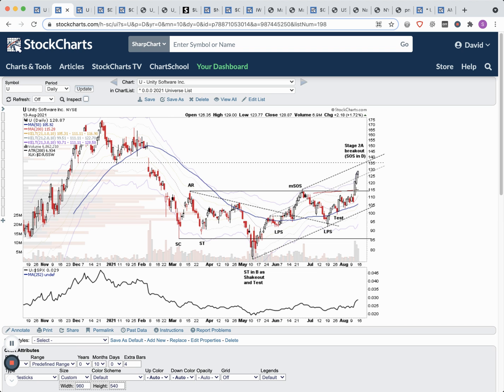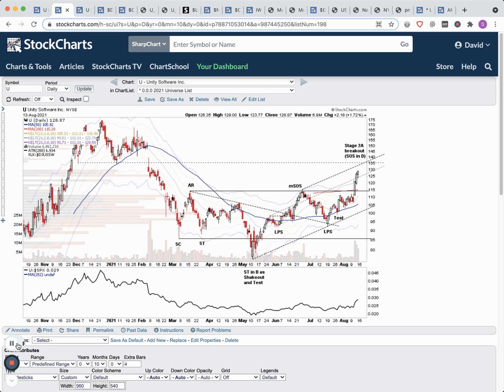Again, if we go back to our daily, you can see on our channel there, if we get up into that area and start to roll back over again, with this 21-day moving average moving up and the 50-day moving average moving up, some sort of moving back into this area in here. So pulling up into there and then pulling back into the 120 to 130 range would be very constructive.